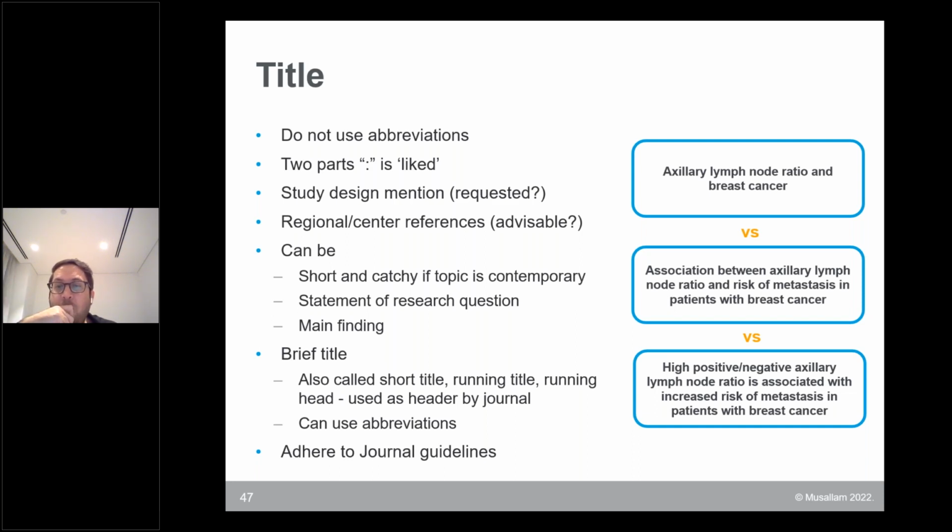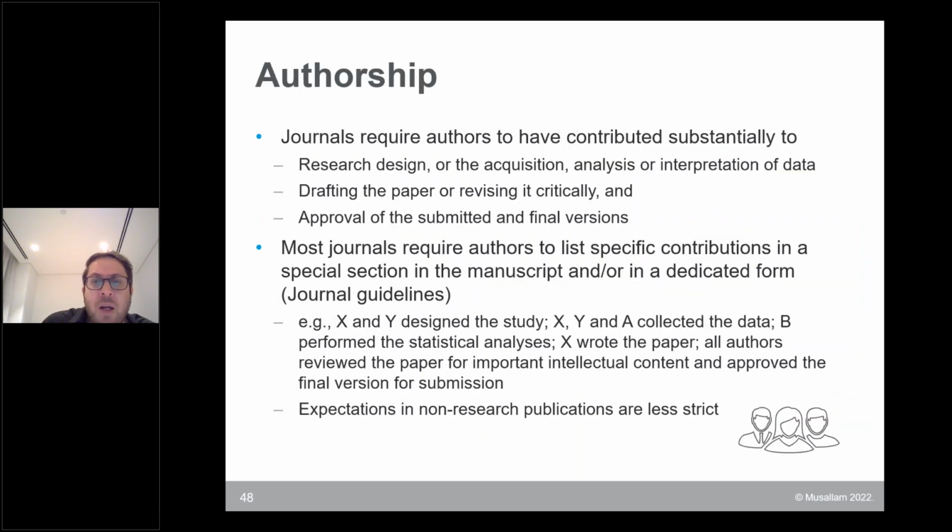Versus the research question: association between axillary lymph node ratio and risk of metastasis in patients with breast cancer, for example. Or sometimes you put your finding in the title. So at the end you write it, you say, there was a very high positive correlation between this and that. That's actually my title. It's very catchy from the beginning. So there is no rule for that, and each person has their own style.